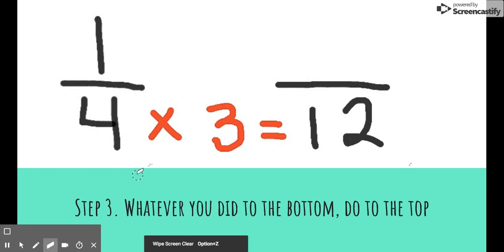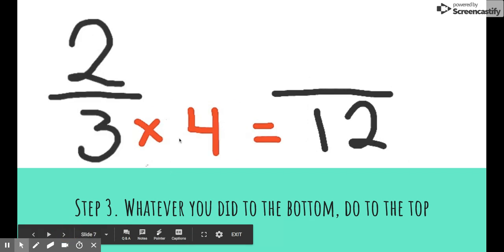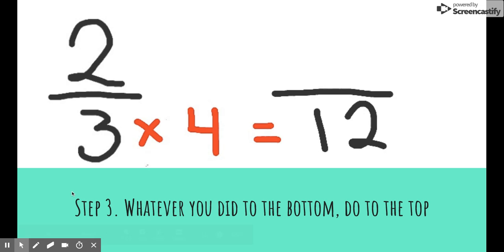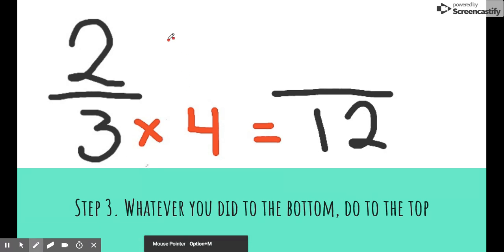Now, we are going to move on to do that with our other fraction of 2/3. So again, whatever we do to the bottom, we do to the top. In this case, we did times 4 on the bottom, so we're going to do times 4 on the top. 2 times 4 equals 8.